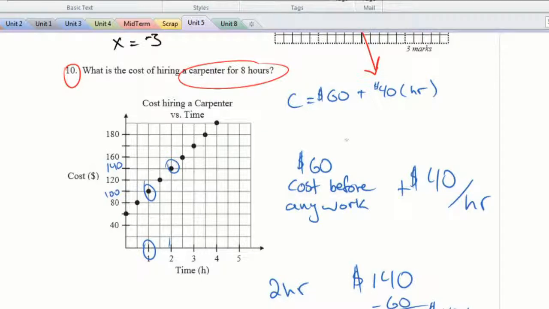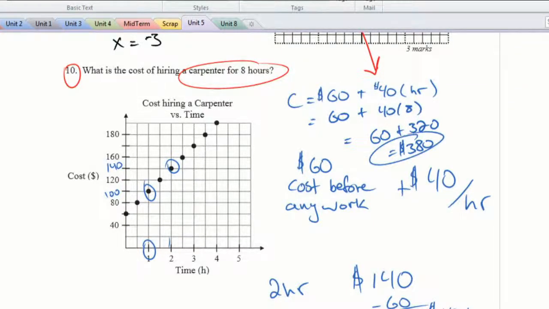So I'm going to take the $60 and then go 40 times 8. 4 times 8 is 32. So I'm going to get 60 plus 320 is 380.